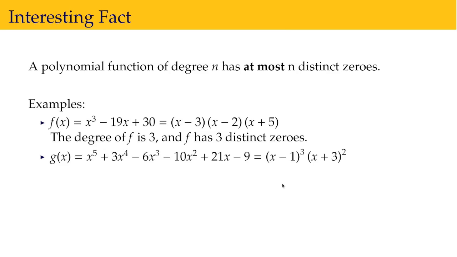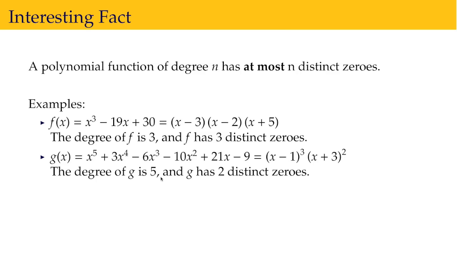So the roots of this polynomial are going to be 1 and -3, and that's it. There are no other zeros to this function. There are no other values that would make this 0, because if there were, there would be additional factors. So the degree of g is 5, and g has 2 distinct zeros. Those zeros are 1 and -3.